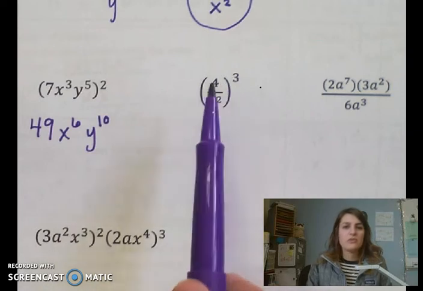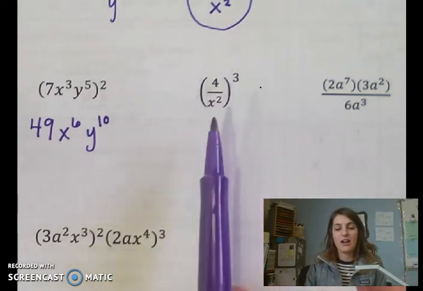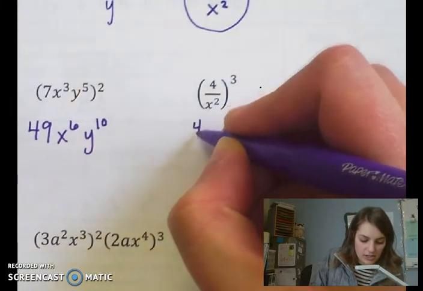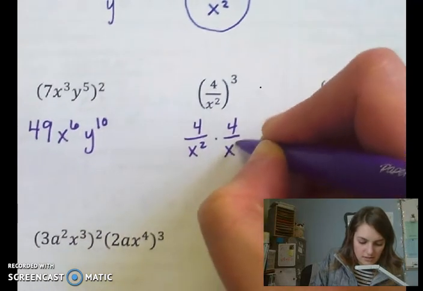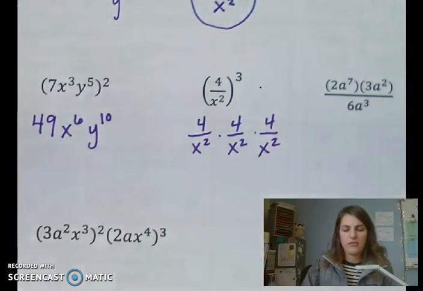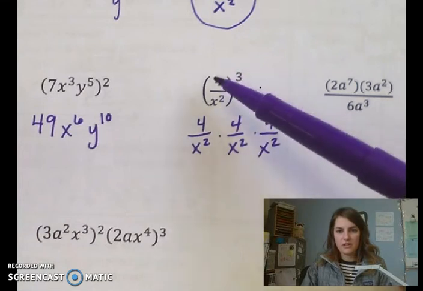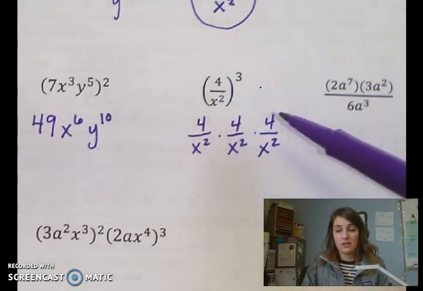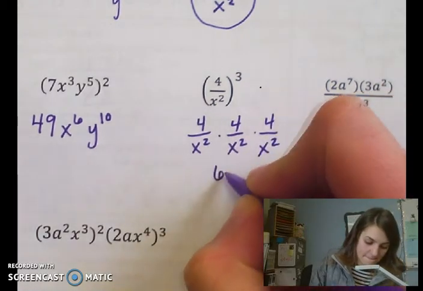All right, we're going to see that again right here. So when you cube or do any exponent on an entire fraction, it's just the fraction times the fraction again times the fraction again. So basically, you apply the exponent to the top and you apply the exponent to the bottom, because we have 4 times 4 times 4, which is 64.